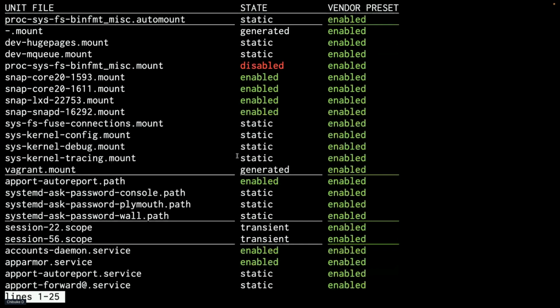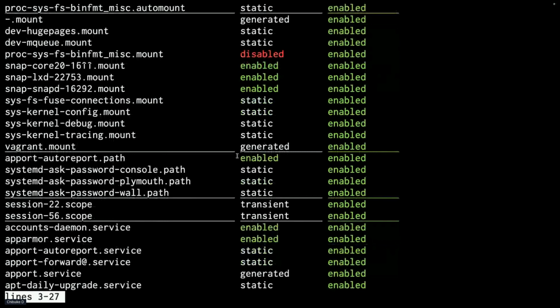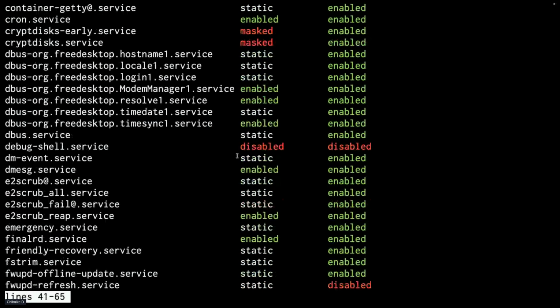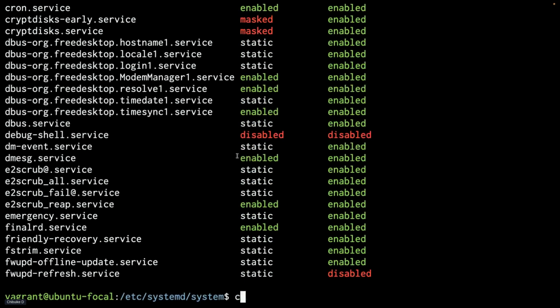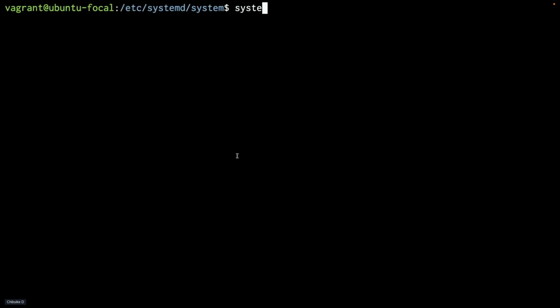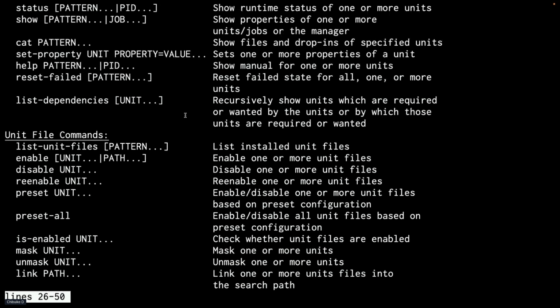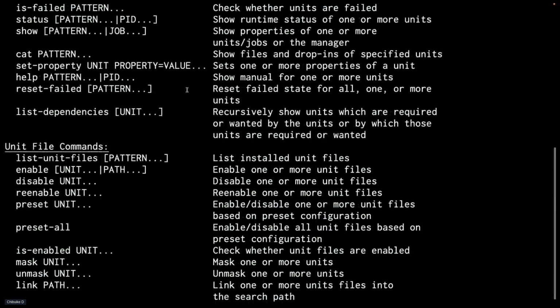So, you need to understand something about Linux, that there is not always one approach to solving every problem. Now, we're looking at the systemctl files. This is a different approach to looking at it. If I decide to do systemctl dash help, it gives me all the possible operations I can actually use in my systemctl.